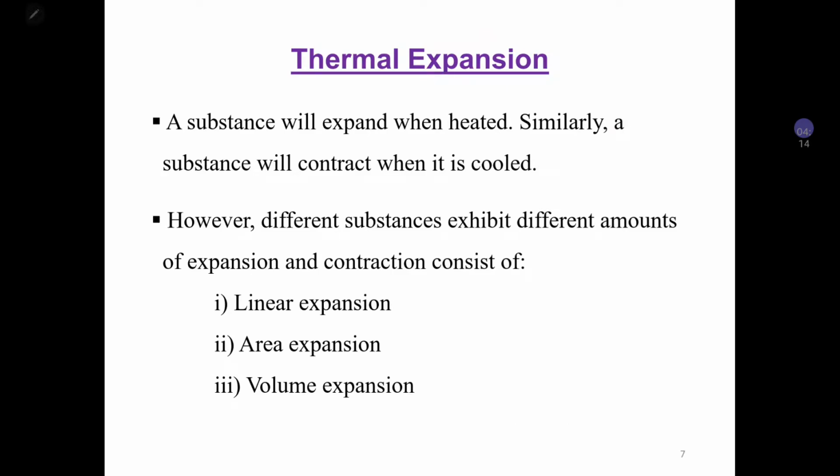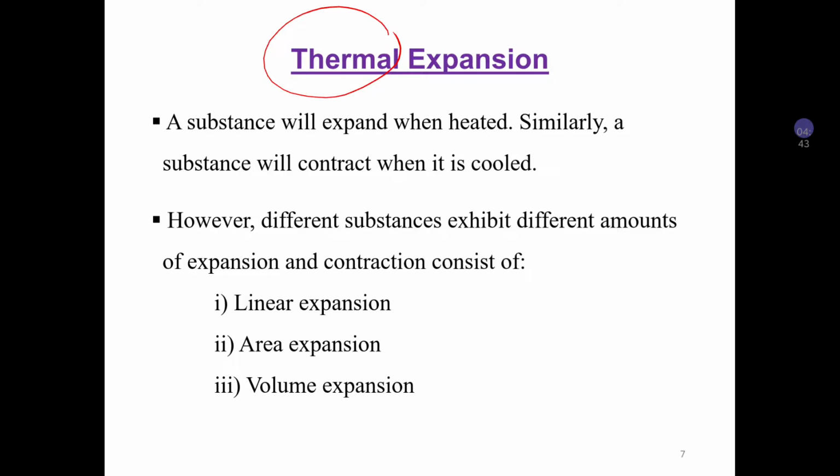Okay, so now we want to look at what is thermal expansion. When we talk about thermal, it is actually about the temperature, the change in temperature, how the body reacts to the temperature, either it cools or the temperature increases. When we talk about thermal, you refer to the temperature.